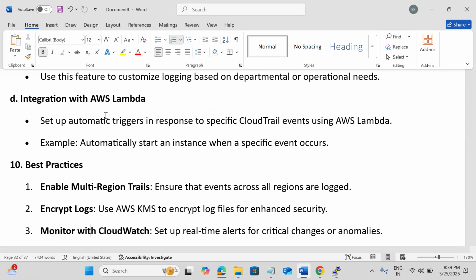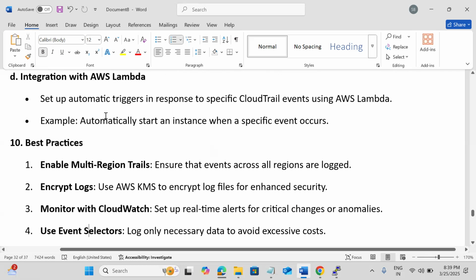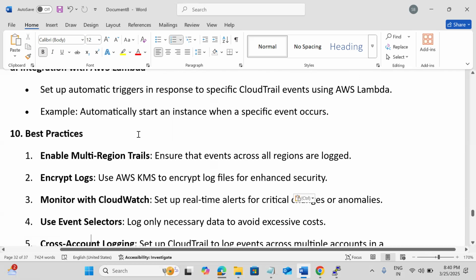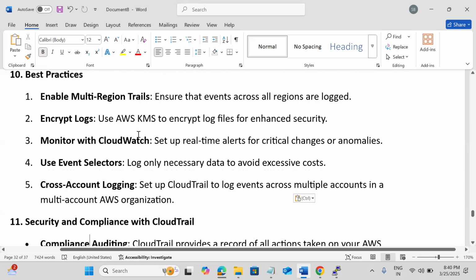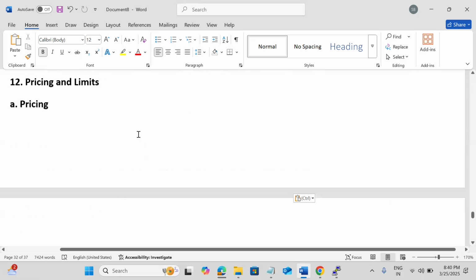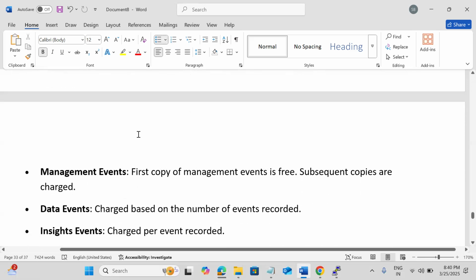Or CloudWatch can also recognize that the instance is getting shut down. But before that happens, we can call a Lambda function. Or we can call one automatically to start an instance if something happened. Okay, so these kinds of events we can track from the CloudTrail events to Lambda functions, and we can use the automation.